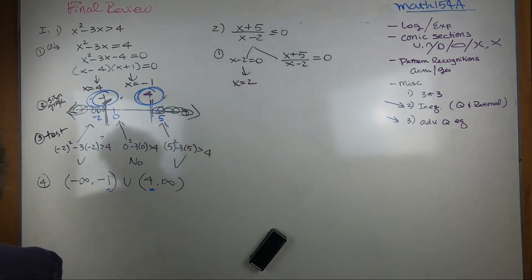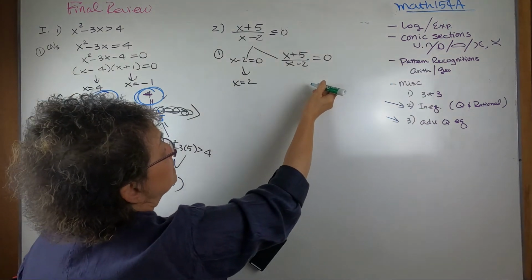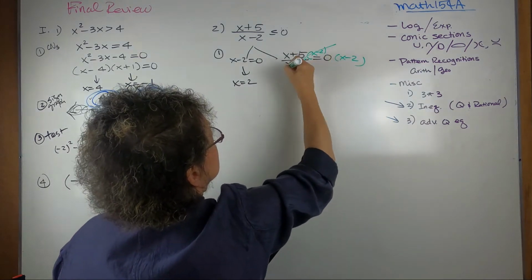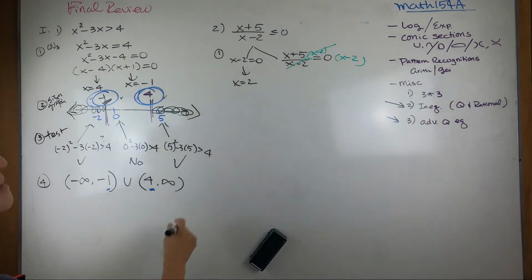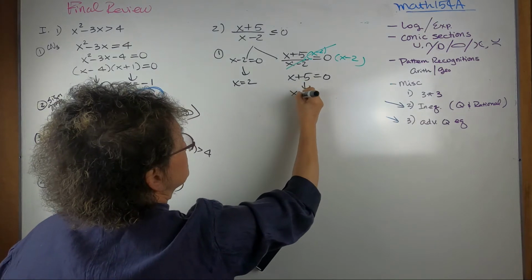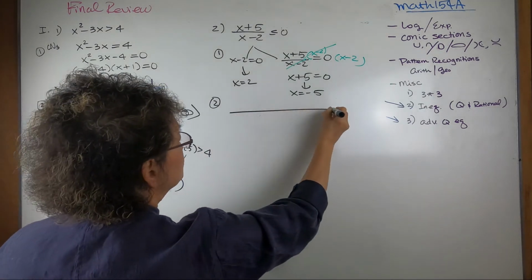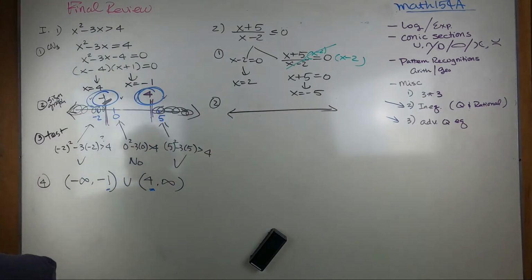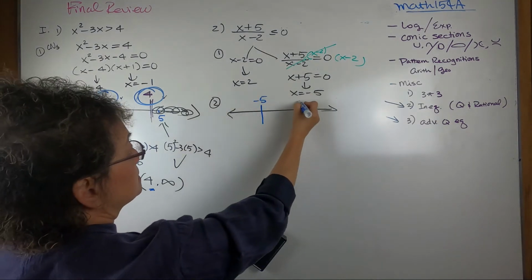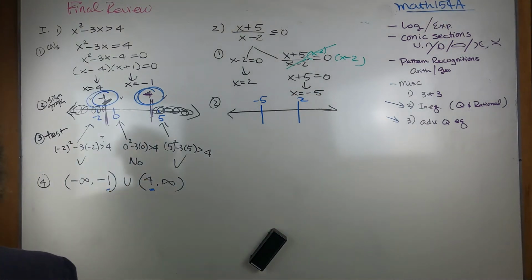Then this one, to find the critical numbers, you need to get rid of fractions, right? You can just multiply both sides by x minus 2. So those cancel out, right? So 0 times that is 0. So then we have what? x is -5, right? So we have 2 boundary points, which are what? One is -5, another one is 2, right?